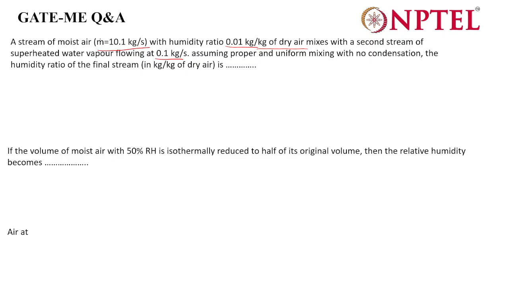Okay, is some other person getting the same? What is omega? Mass of water vapor upon the mass of total air. Sorry, mass of dry air. So here it is given as 0.01. The humidity ratio is given as 0.01.